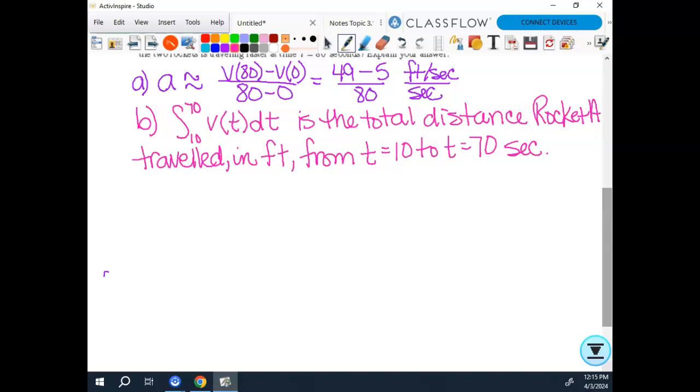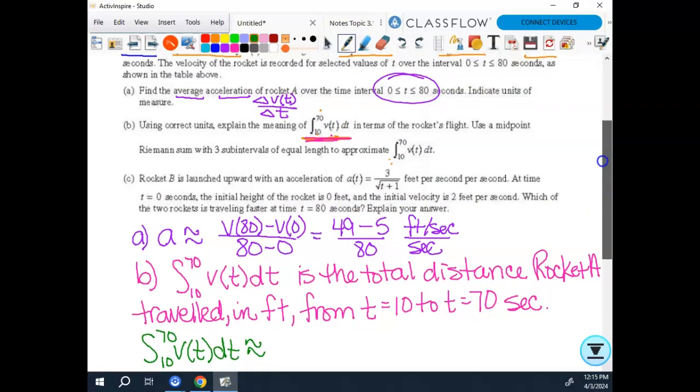Okay. The second part of that, we were supposed to use Riemann sums to estimate it, so we're going to integrate from 10 to 70 of v of t dt, and since I'm using Riemann sums, this is approximately, right? Go back up here, let's reread what it said.